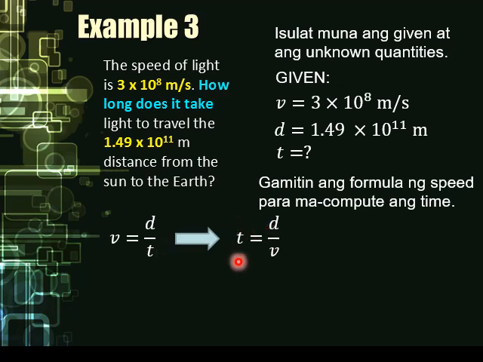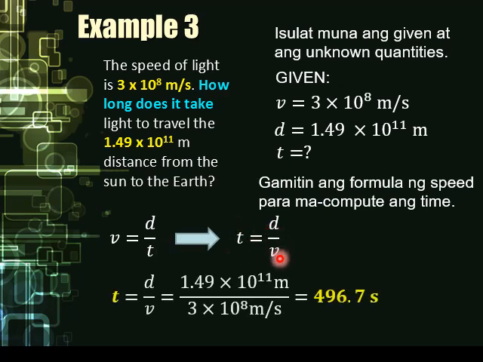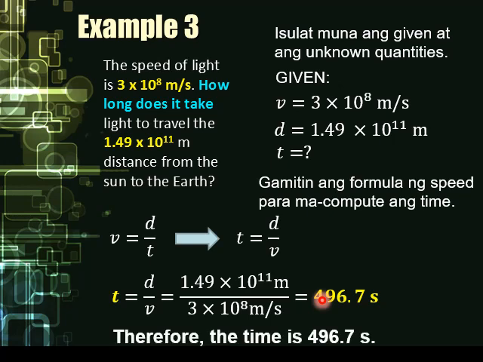So magiging ganito siya: time is equal to distance over speed. So pag sinubstitute natin siya, okay, we will get a final answer of 496.7 seconds. So this is the total time it takes for the sunlight to reach the earth.